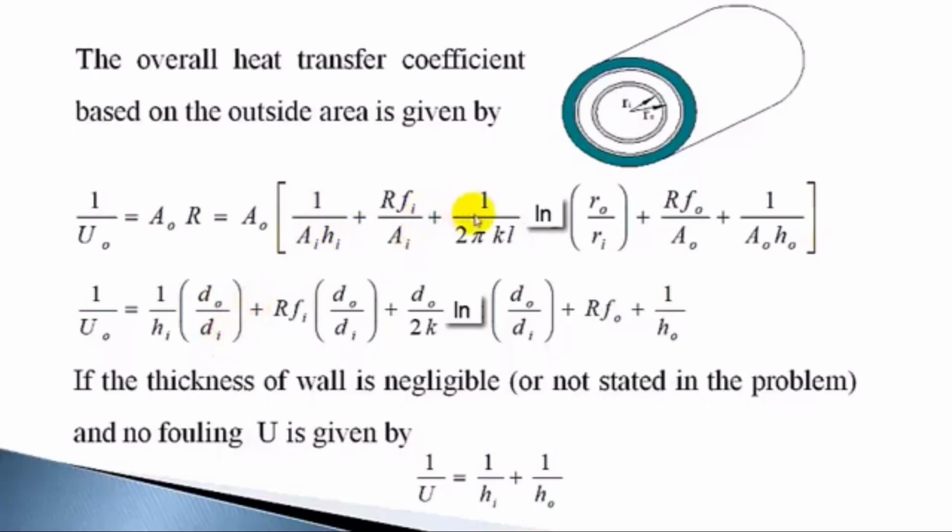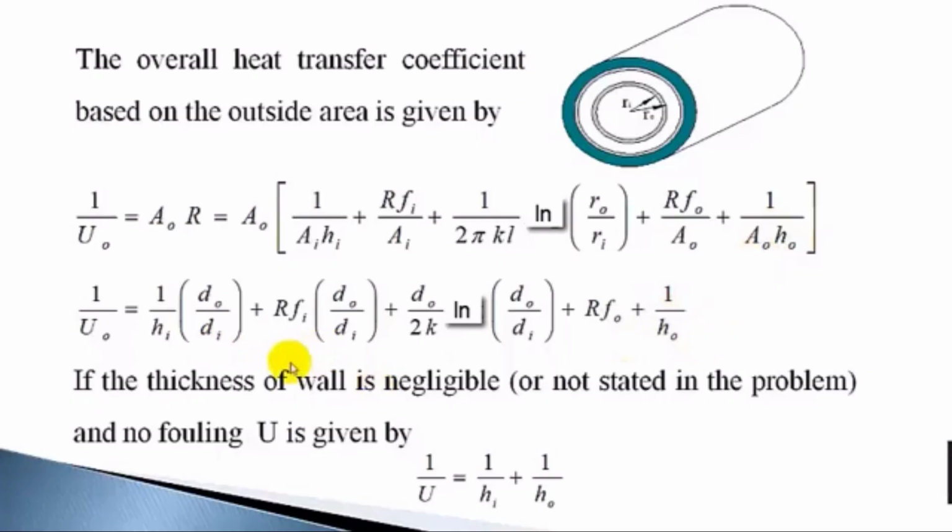And here, when you multiply with A0, 2 pi R0 L, 2 pi L cancels, R0 by K, R0 is D0 by 2, so you get D0 by 2K, and you log R0 by Ri, plus RF0 by A0, because RF0 by A0 when you multiply with A0, you get RF0, and again when you multiply with A0, you get 1 by H0.